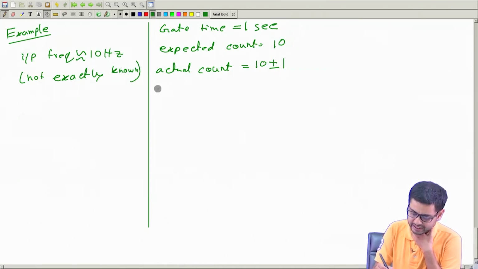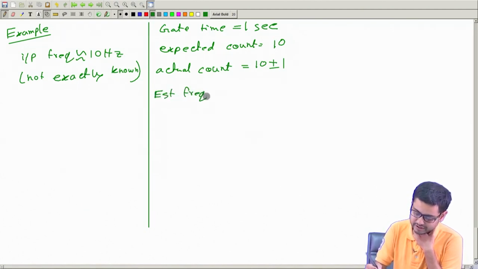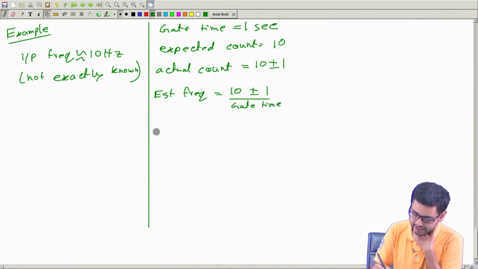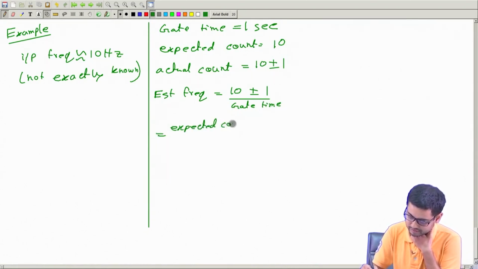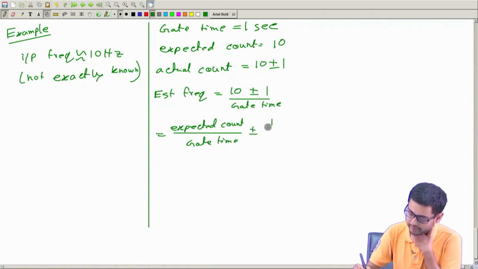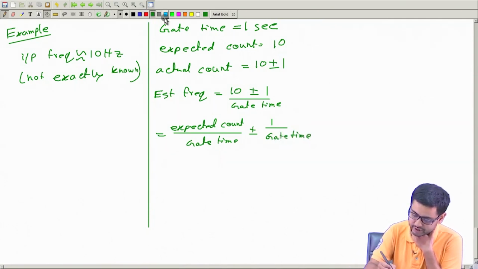So, the estimated frequency is how much? This is the expected count plus minus 1, divided by gate time. So, I can write this as expected count by gate time, plus minus 1 by gate time, and this is actually the error.